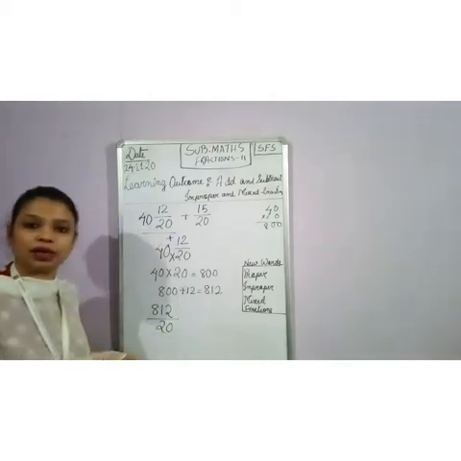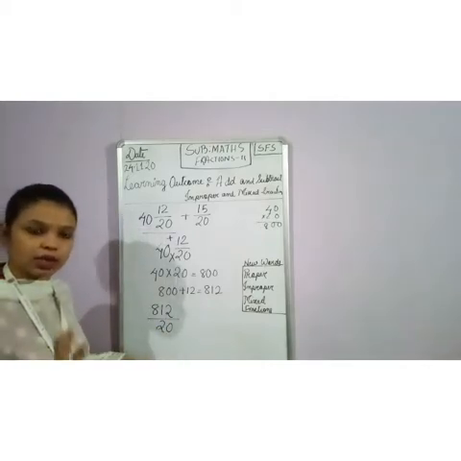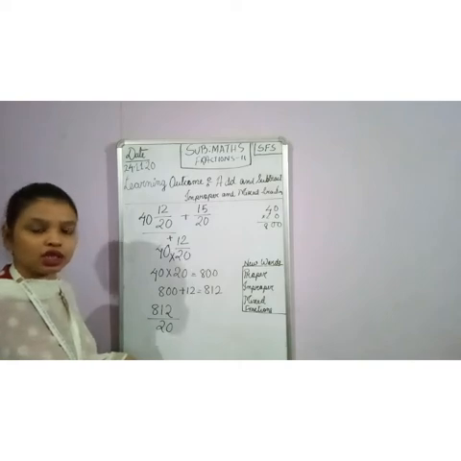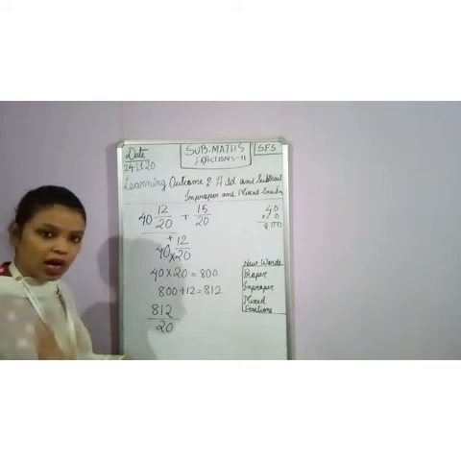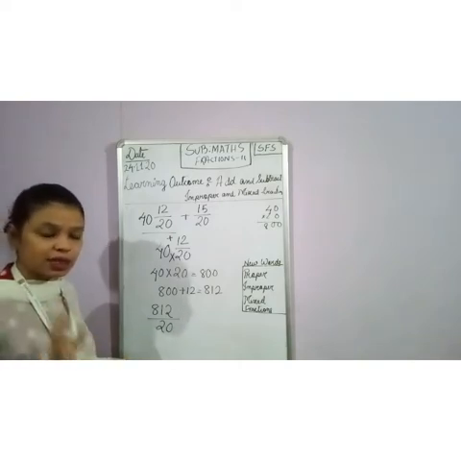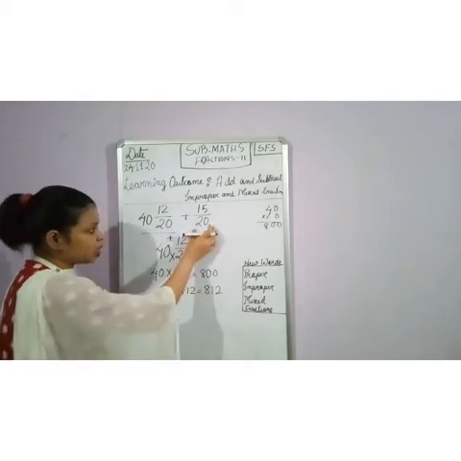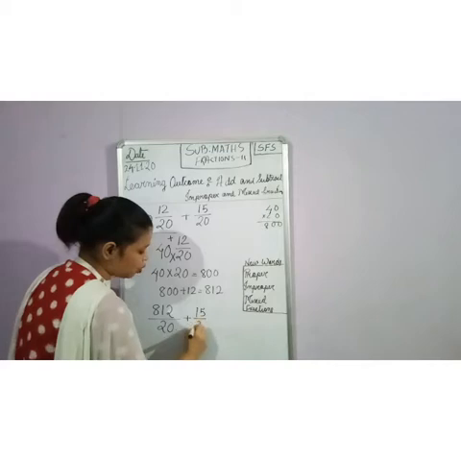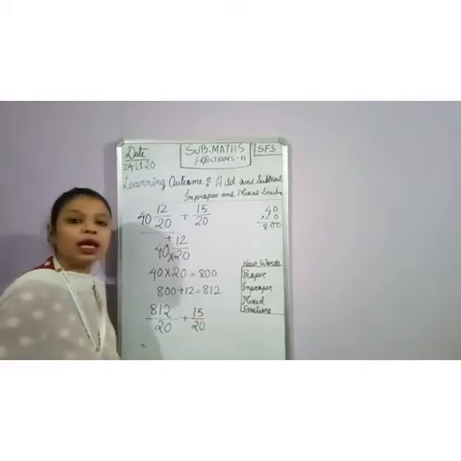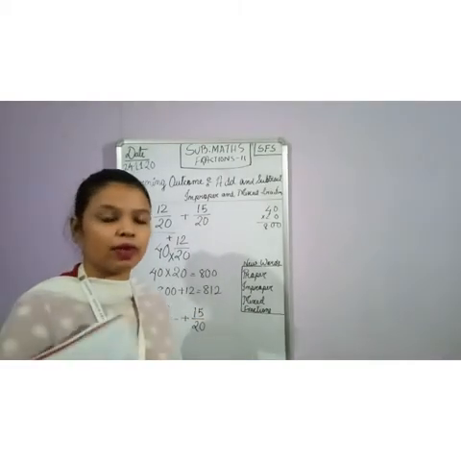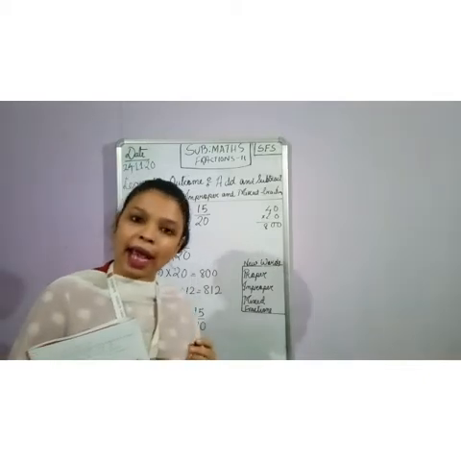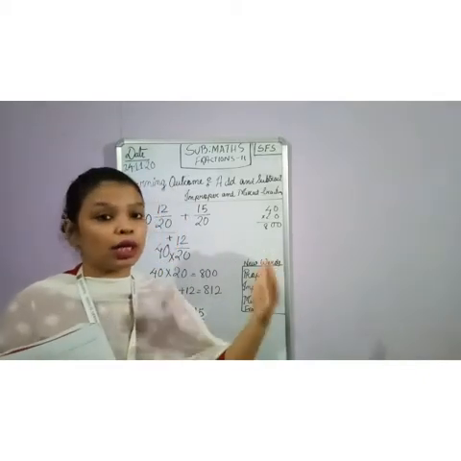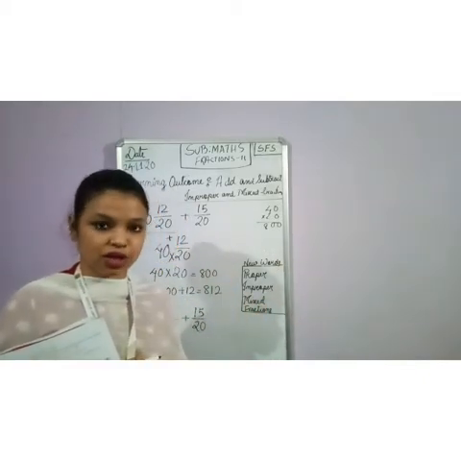The denominator continues, since we are expressing it as an improper fraction. What is the other number given here? The other number is 15 by 20. In the previous chapter, fractions 1, we learned that we can add or subtract only like fractions, isn't it?